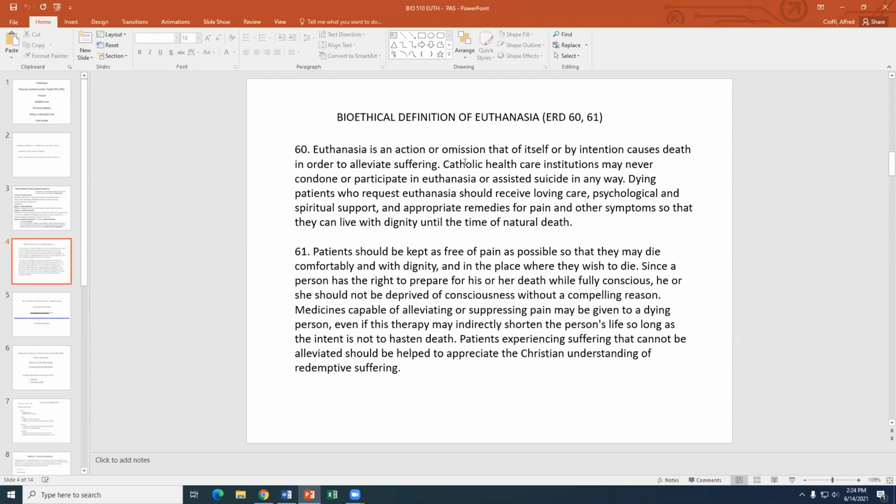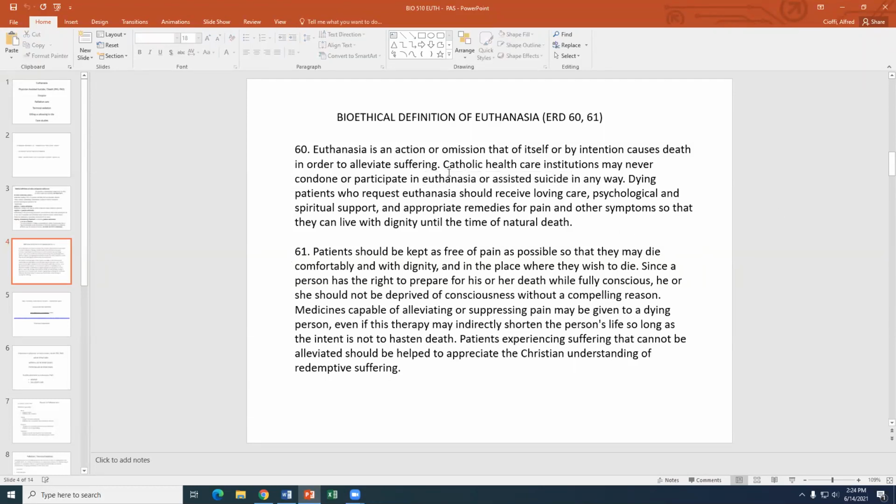Catholic healthcare institutions may never condone or participate in euthanasia or assisted suicide. So as far as this concept is concerned, the two in the end are the same, okay? Even though there is a technical and legal distinction whereby euthanasia is illegal in the United States, but assisted suicide is becoming legal in more and more states.